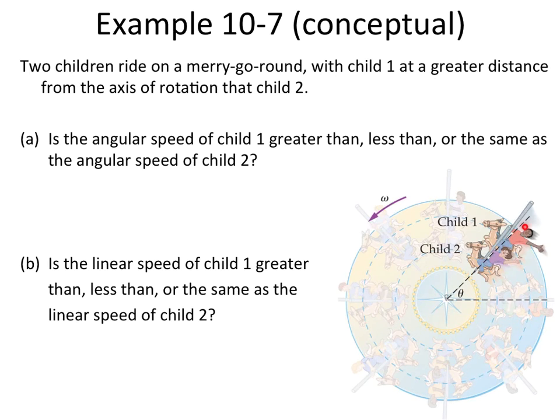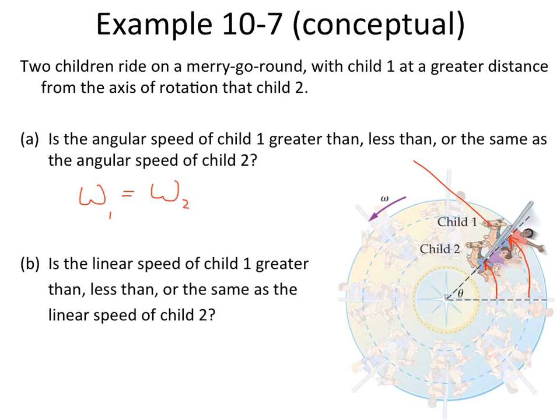In the same amount of time, the girl, child 2, moves from there to there, and the boy moves from there to there. It's the same angle in the same amount of time. So angular velocity 1 equals angular velocity 2. But clearly one child is going to be experiencing greater linear speed. So heaven forbid one of them were to let go of one of their horses, or both of them were to.